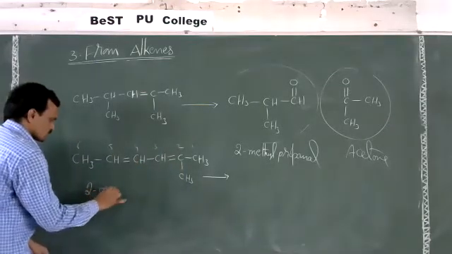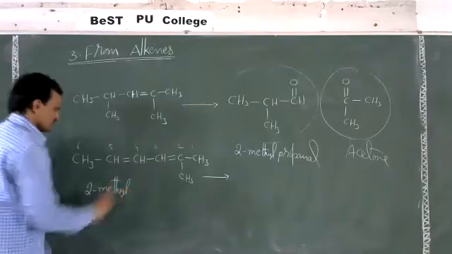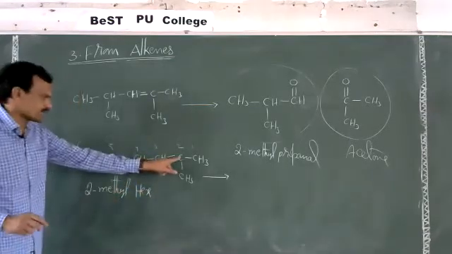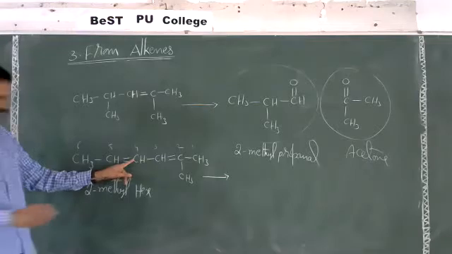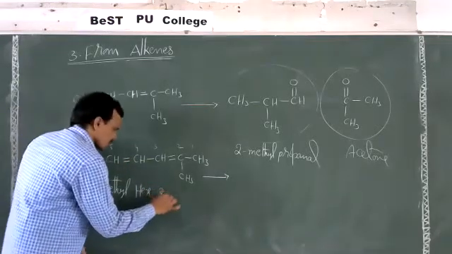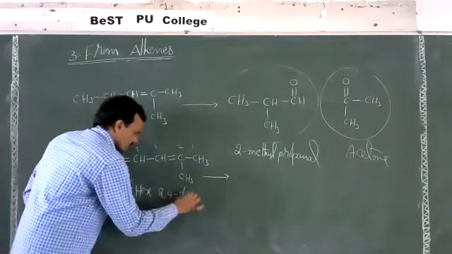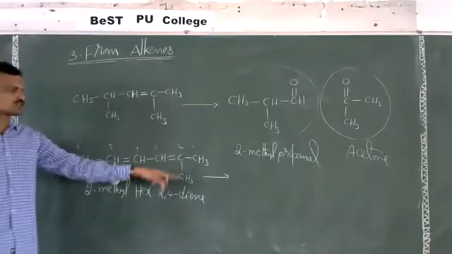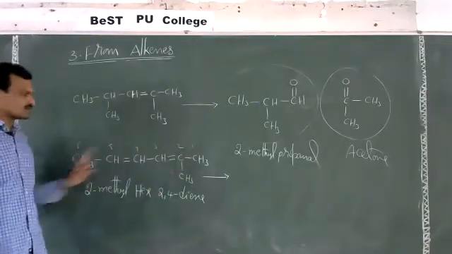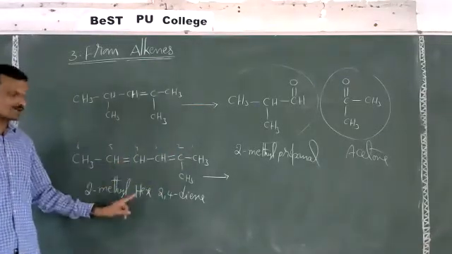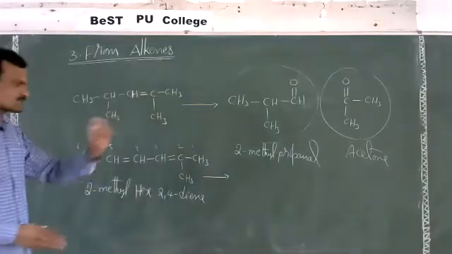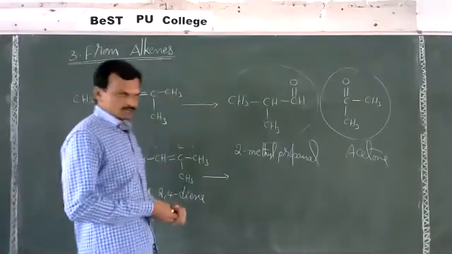So this is 2-methyl hex. At second position and at fourth position, double bond is there. Hex 2,4 diene. This is the name of this compound, 2-methyl hex 2,4 diene. Right. And this compound on ozonolysis, what are the products formed here?